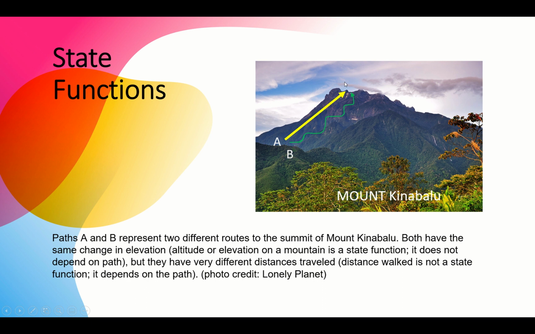One is the A path, one is the B path. B takes a harder, further distance and work. But in terms of the initial and the final state, it's all the same. So for a state function, it doesn't matter how you reach that, it's the initial and the final state.